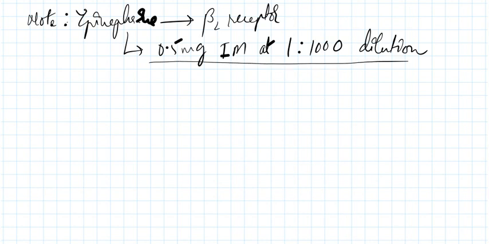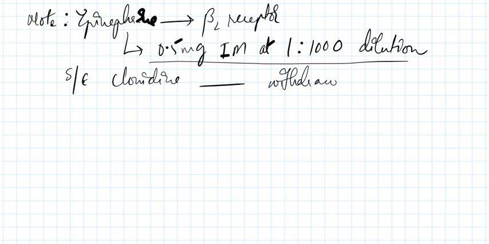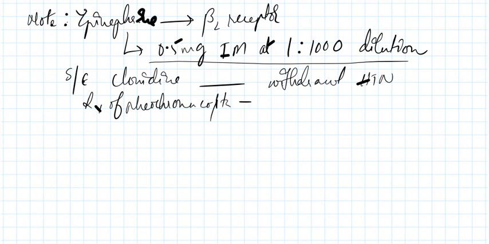Now what is the side effect of clonidine? We will discuss it multiple times. It is withdrawal hypertension. Now if you ask me the treatment of pheochromocytoma, it is simply alpha blockade followed by beta blockade. Always remember this statement.